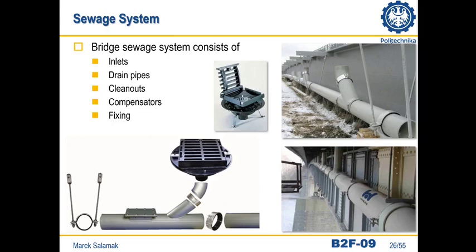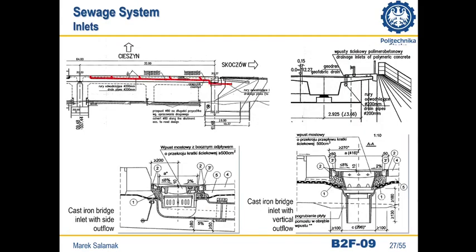First, a cast iron bridge inlet with a side outflow. The most crucial element of the drainage system is the outlets. You see them on the road surfaces. Their arrangement along the length depends on the longitudinal slope of the road on the bridge. The inlets are fastened at the lowest points of the cross-section, most often at the curb.